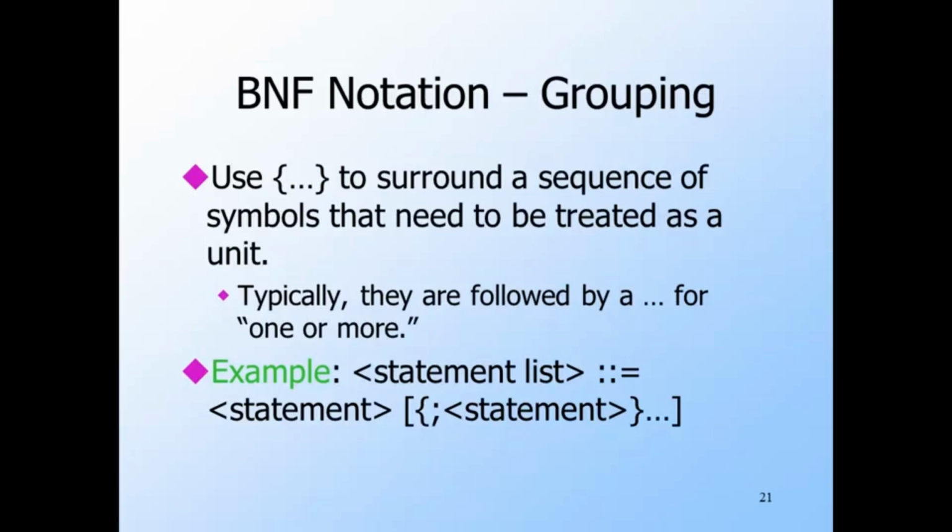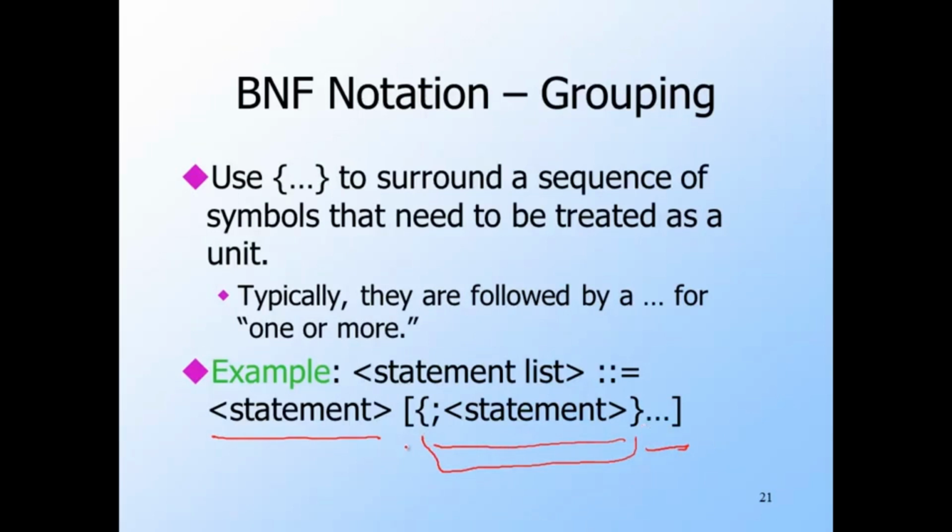That is, a statement list consists of one statement, that's this, followed optionally by one or more groups consisting of a semicolon and a statement. There. Brackets form a group, and then finally the plus applying to the group says one or more of these groups.